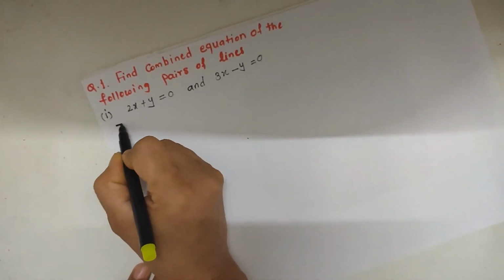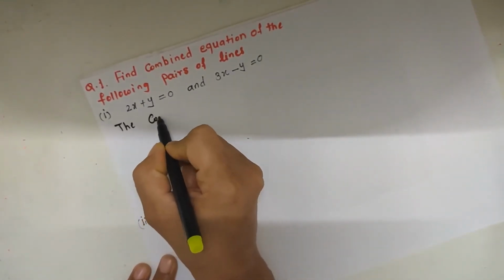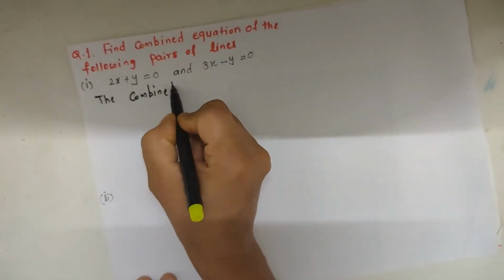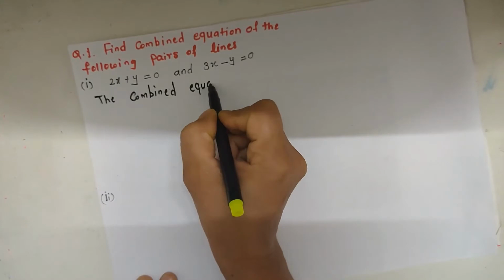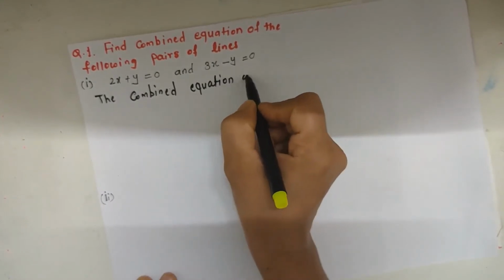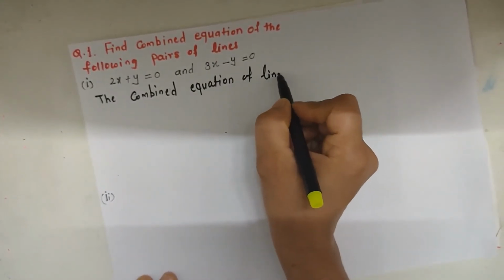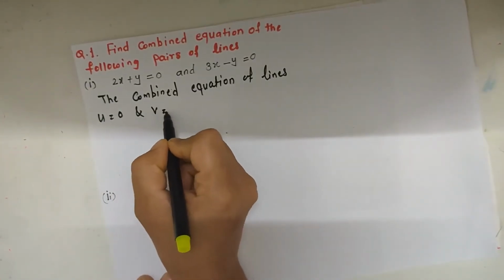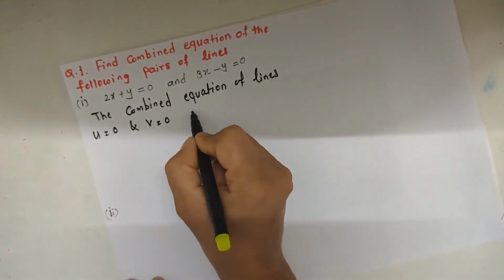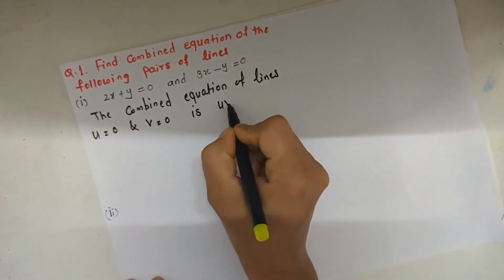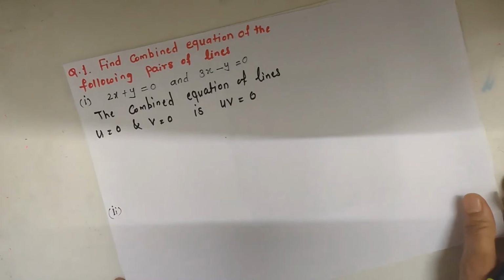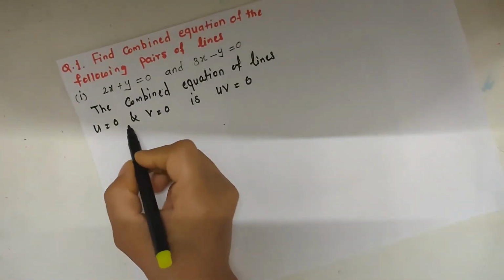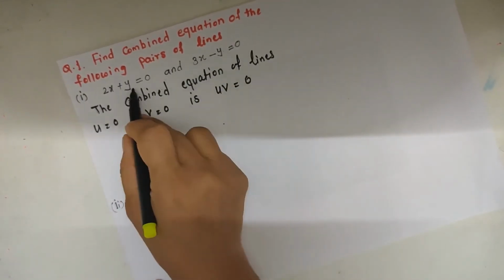We know that the combined equation of lines u is equal to 0 and v is equal to 0 is u into v is equal to 0. So from this concept we can find the combined equation of these two lines.